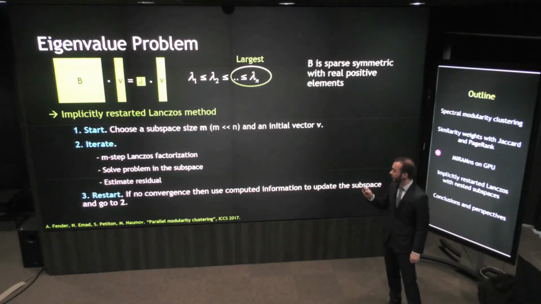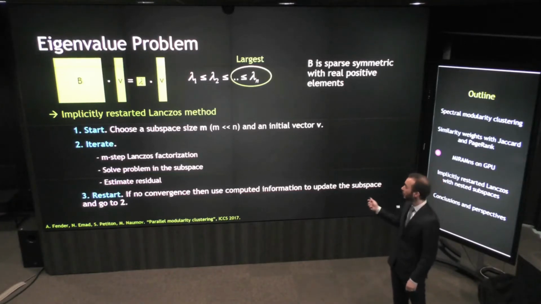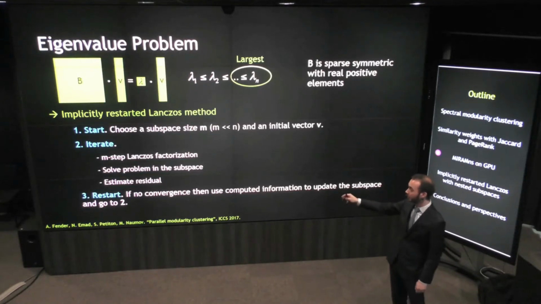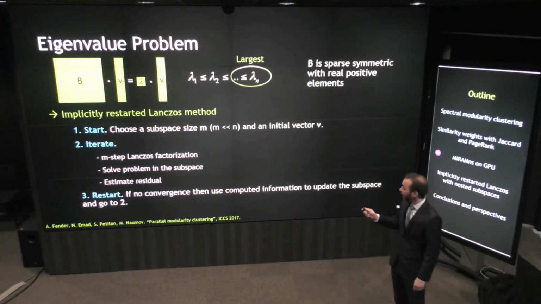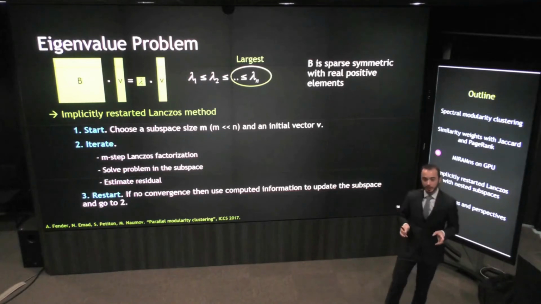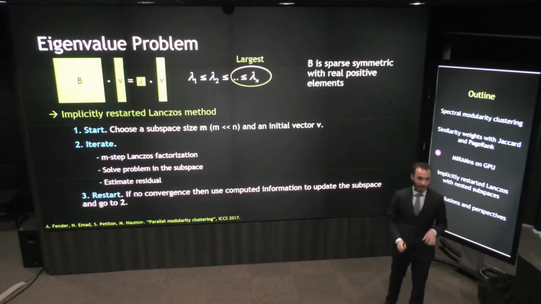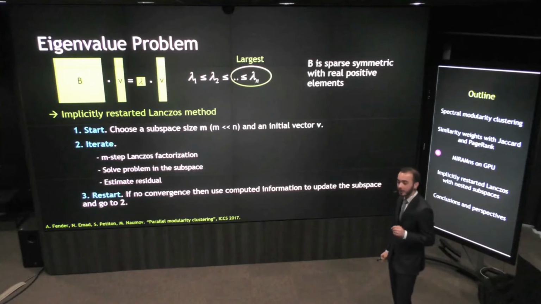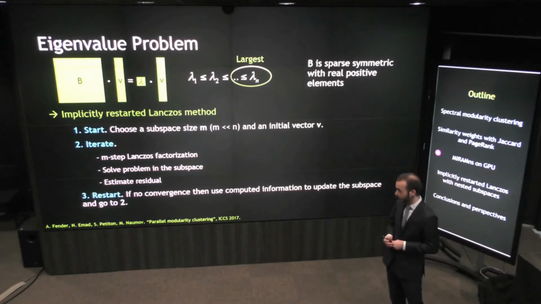And it goes like this. First, we have to choose a subspace size, which is very important because later in the presentation about the eigensolver, we will talk about auto-tuning of the subspace size. Then we iterate, computing a factorization of the matrix. The idea behind that is that the small matrix resulting from this factorization will have the same dominant eigenvalues as the matrix B. So that is an approximation of the problem we are trying to solve.